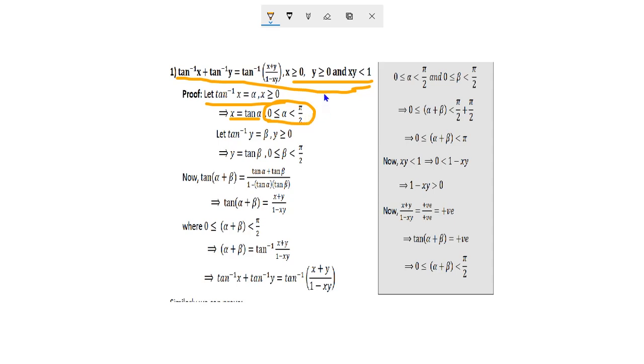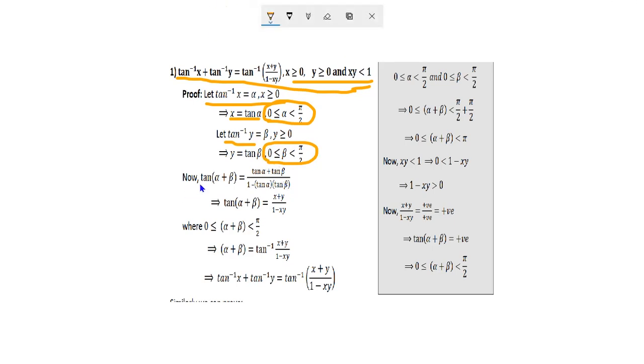Range is minus pi by 2 to plus pi by 2. Similarly, you take tan inverse y is equal to beta, and y is also greater than or equal to 0. Therefore, y is equal to tan beta, and beta also lies between 0 to pi by 2.